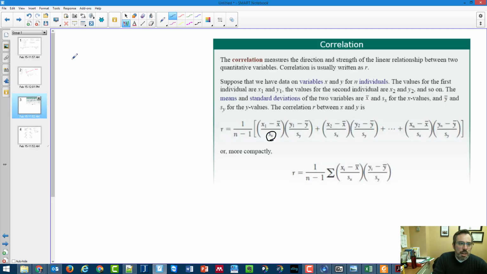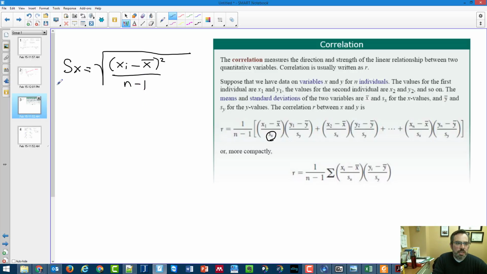So just as a review, to find the standard deviation of a number, I have to take the square root of every single data point minus the average, square it, and divide it by how many data points I have minus 1, and that accounts for error.